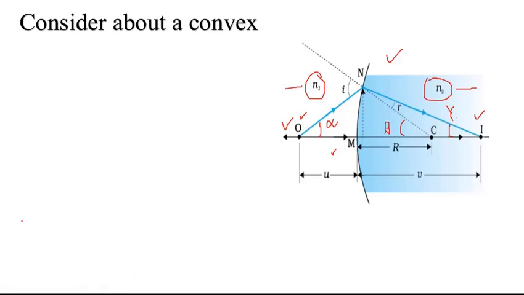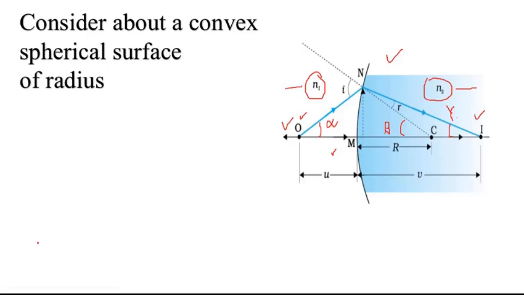So consider a convex spherical surface of radius of curvature r. This is the radius of curvature r. Hope that there is no problem understanding up to this step.